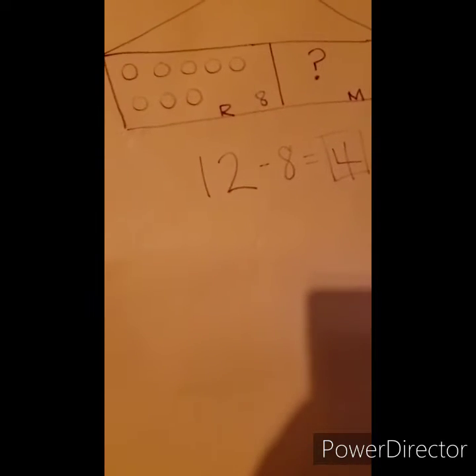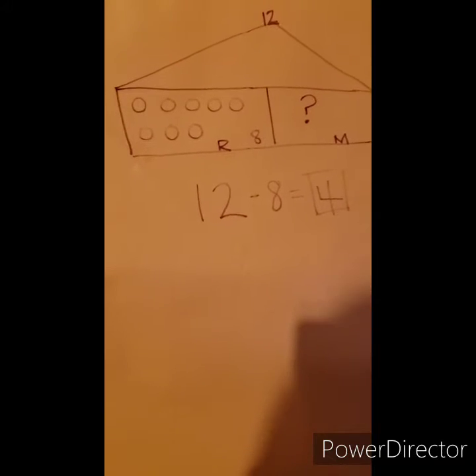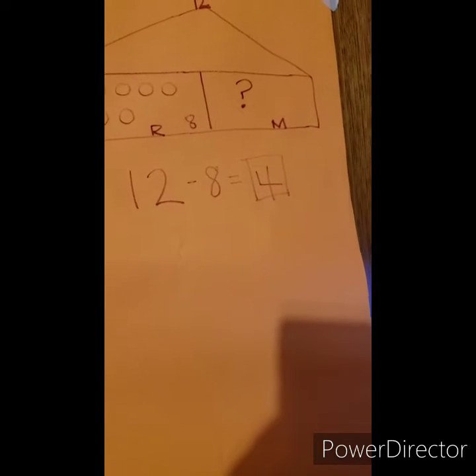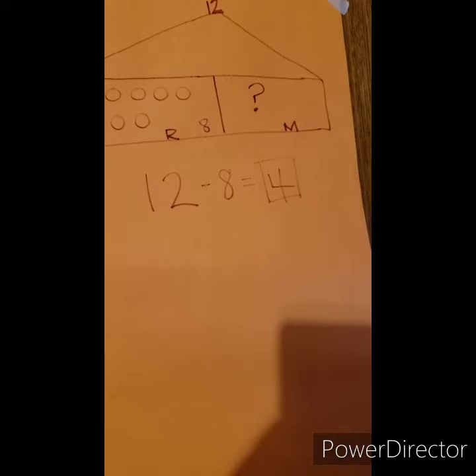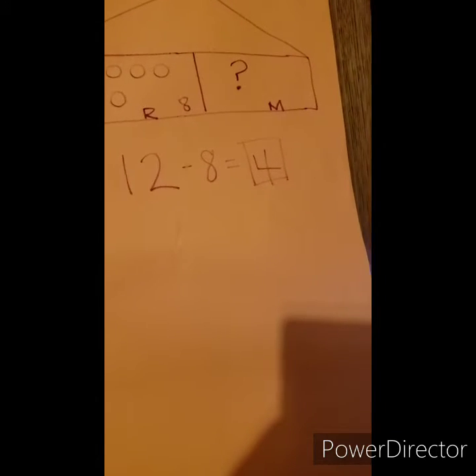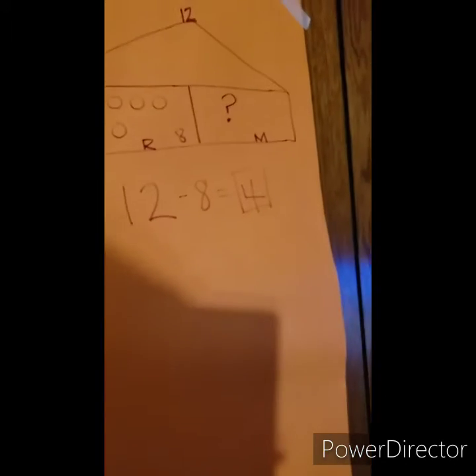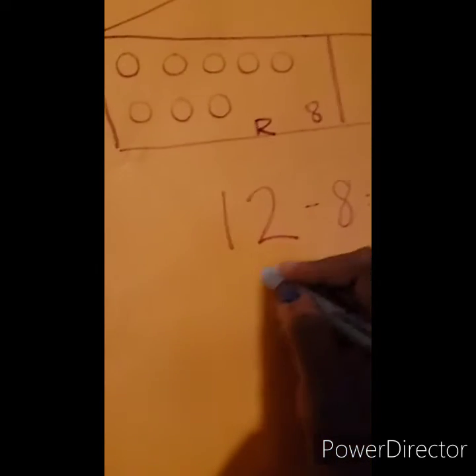So how many more letters does Rose need to write in order to reach her goal? 4. She needs to write 4 more in order to reach her goal. Okay? All right. We could have also set it up as an addition problem.